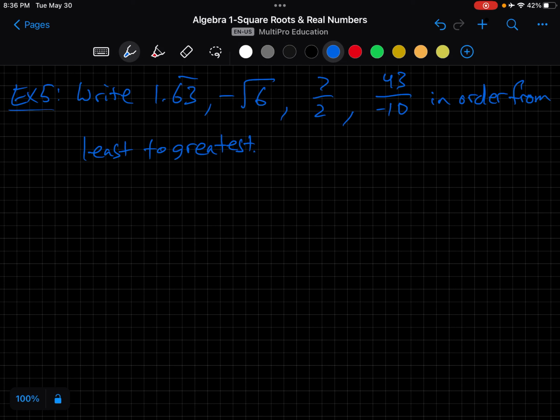Alright, so we want to write from the smallest to the largest, from least to greatest.